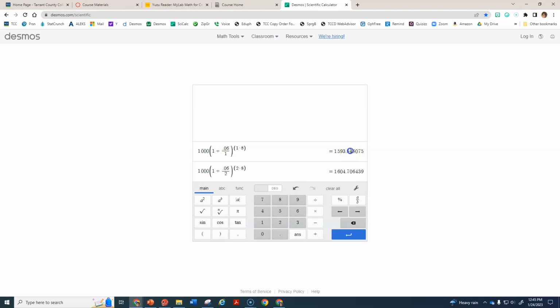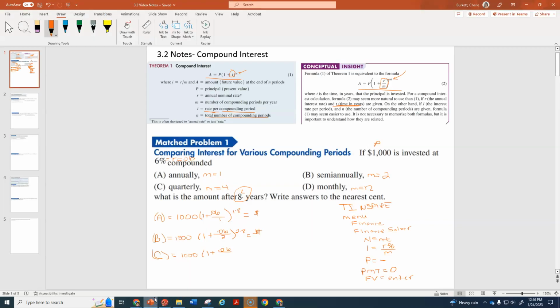So we're going to change that 4 right there to a 5 because that 8 is a number that's bigger than 5. So it changes that to $1,593.85. So that's what we write down right here.